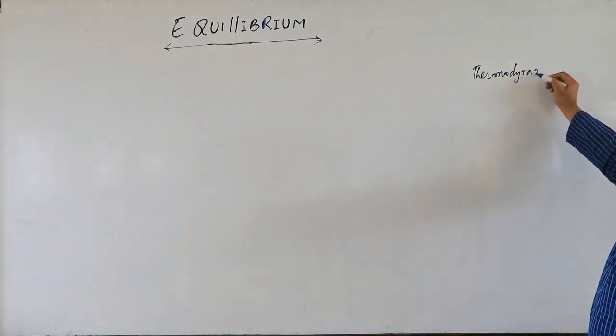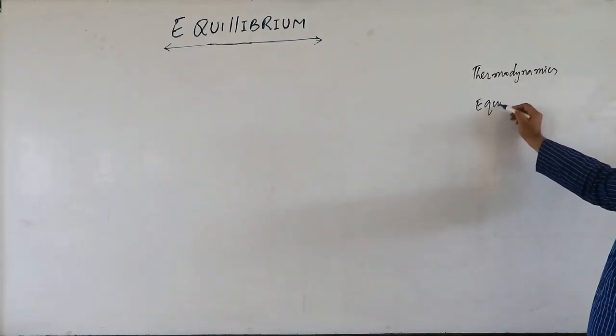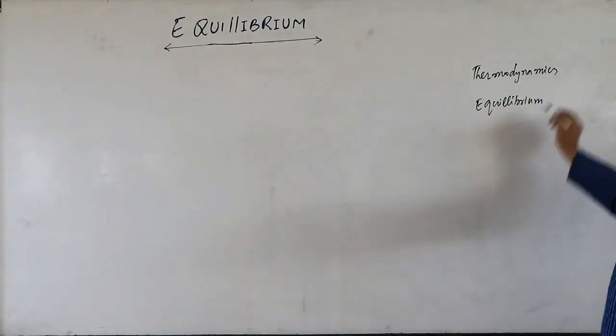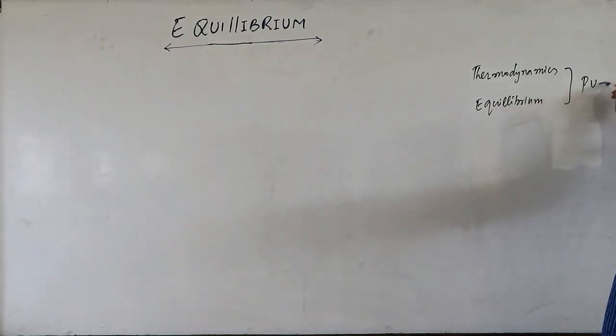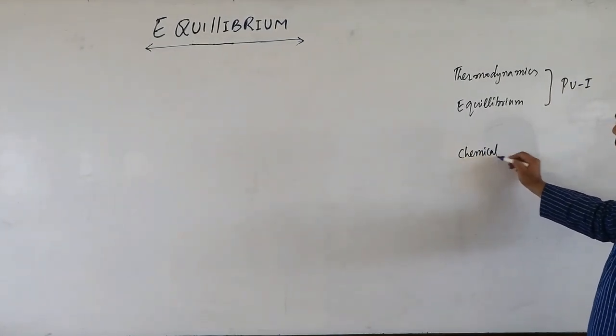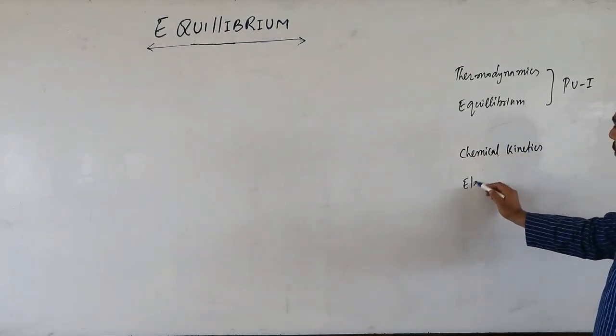If you talk of a chapter called thermodynamics, or the chapter we are starting today, equilibrium, these are a few first chapters, my dear friends. And then you have chemical kinetics, and then you have electrochemistry.